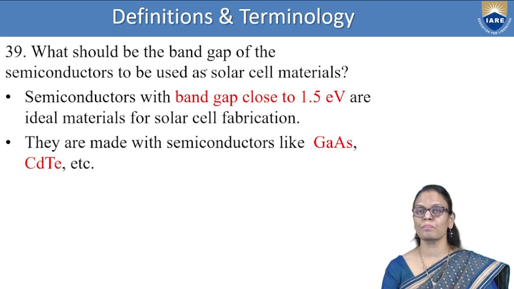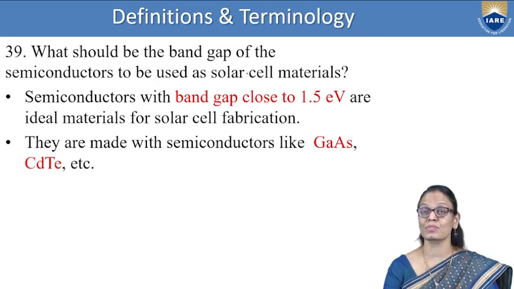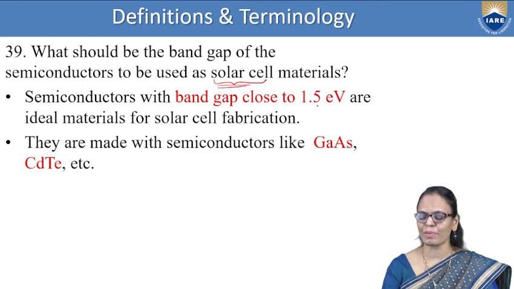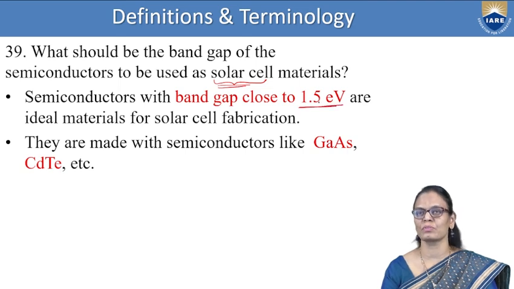Next, what should be the band gap of the semiconductors to be used as solar cell materials? When we have to use a semiconductor material in a solar cell, what should be the band gap? The band gap should be close to 1.5 electron volt, and that is ideal for solar cell fabrication.